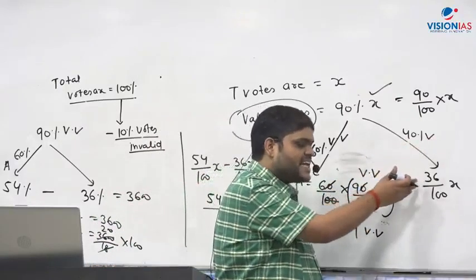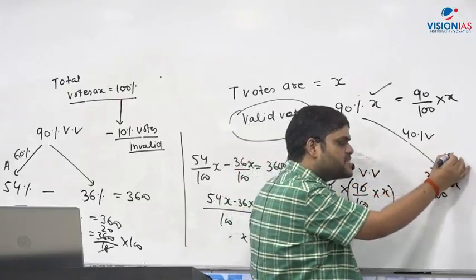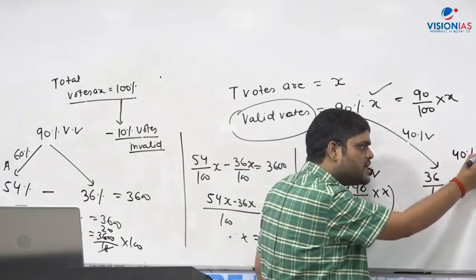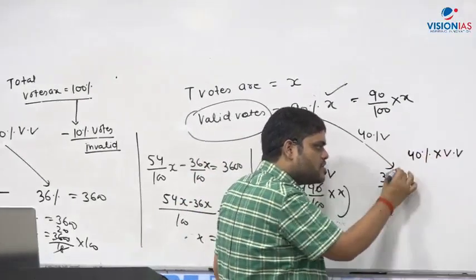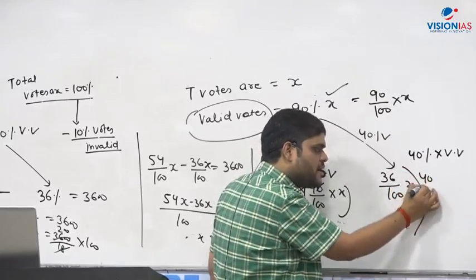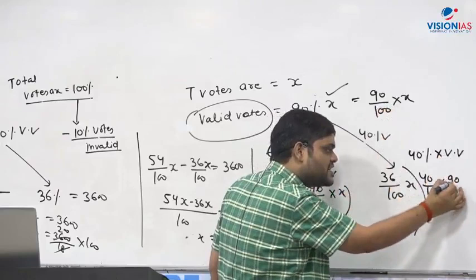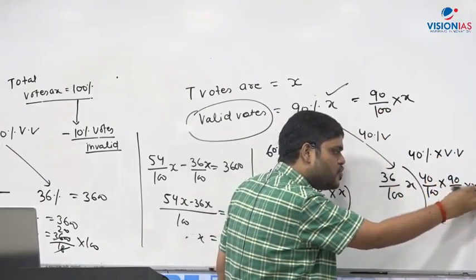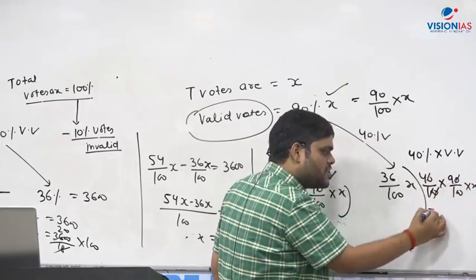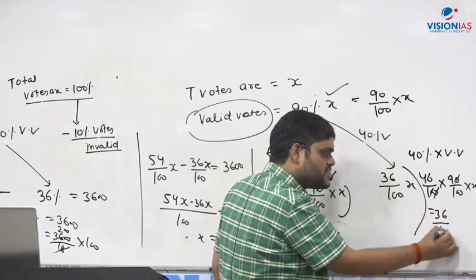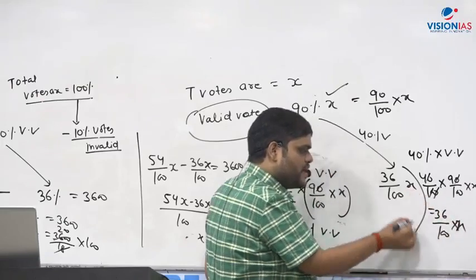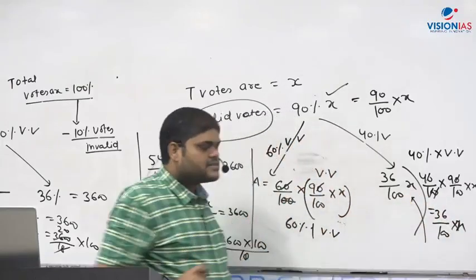I have written directly how you will get 40% of valid vote: 40% into valid vote. That means 40 upon 100 into valid vote, which is 90 upon 100 into X. If you solve all this, it will come 36 upon 100 into X, which I have written here directly.